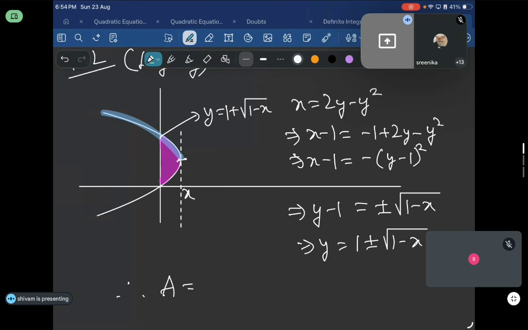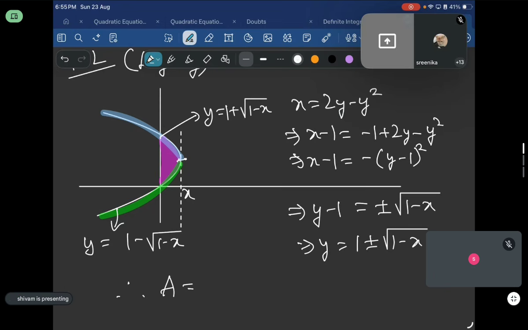And this branch will be the negative one. This branch is y equal to 1 minus root over 1 minus x. So there are two branches of this parabola.